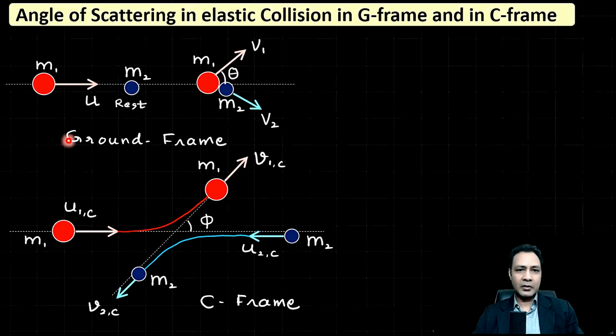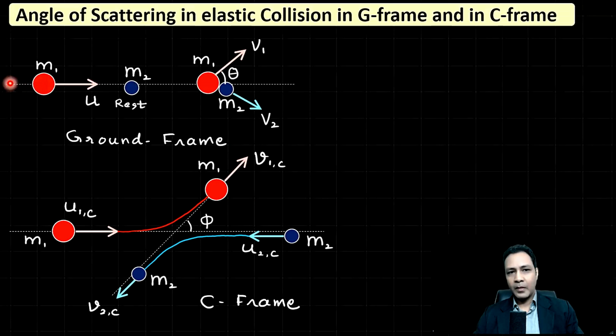This is the picture of the problem. In the ground frame, the two particles M1, M2 collide elastically and the collision is oblique. M2 was initially at rest, and is being struck by M1, which approaches M2 with velocity u. The initial line of motion of M1 is drawn by this dotted line, say the x-axis.